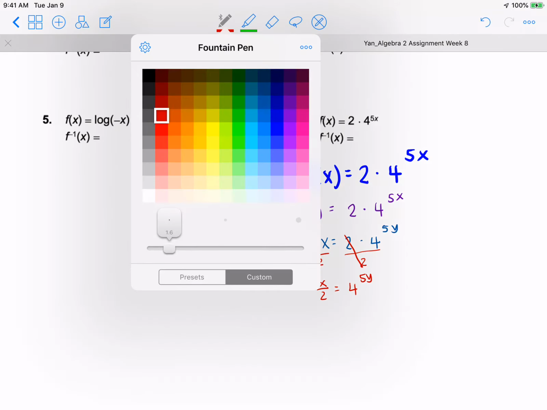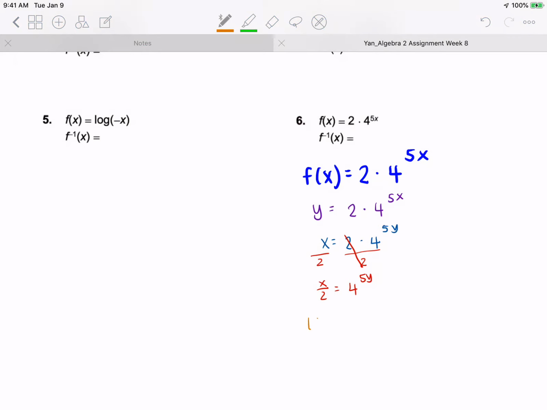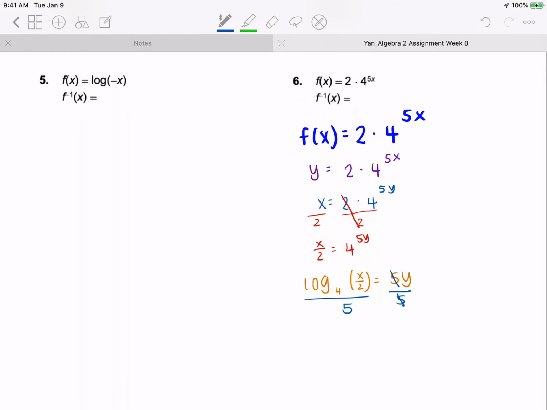Okay, is there anything else I can do? No, I have to rewrite as a log first. So log base 4 of x over 2 equals the exponent, which is 5y. Okay, now the 5y is right there aligning with everything else, no more exponents, so I can divide by 5, and that's my answer.